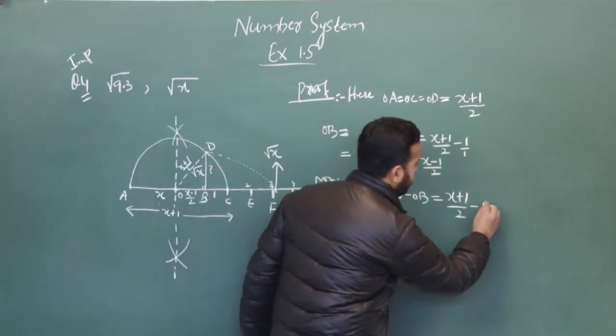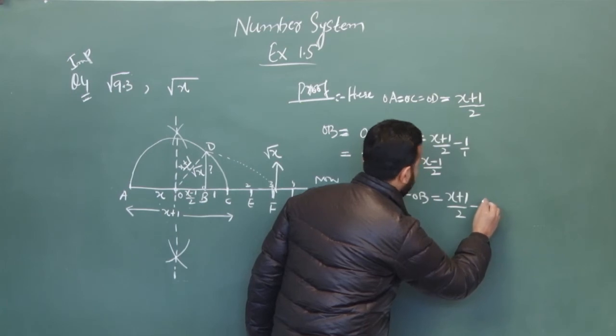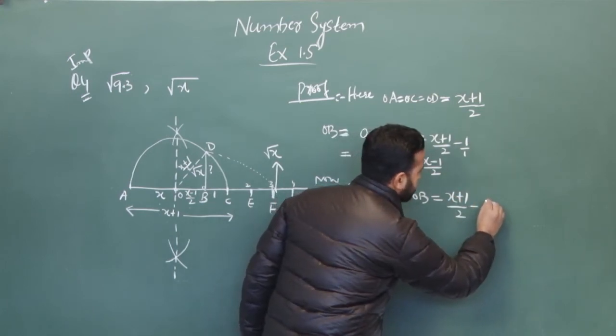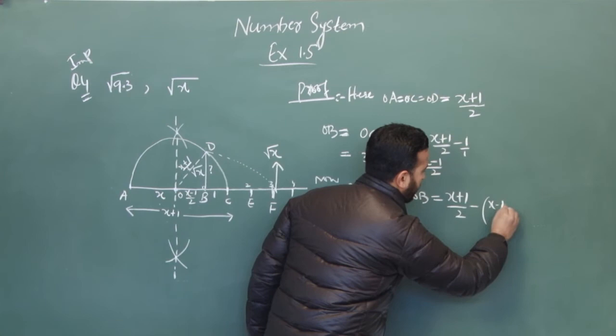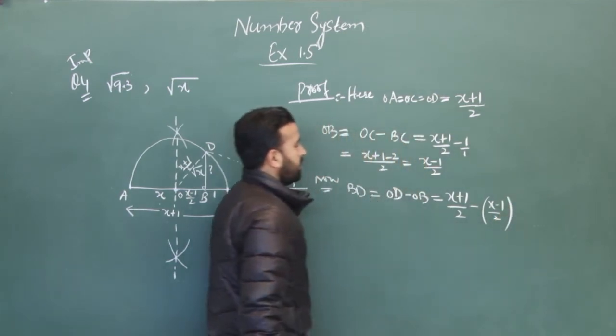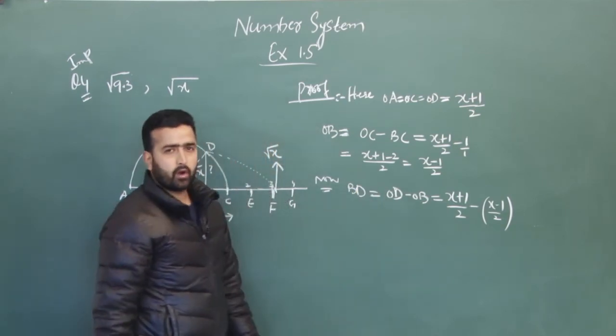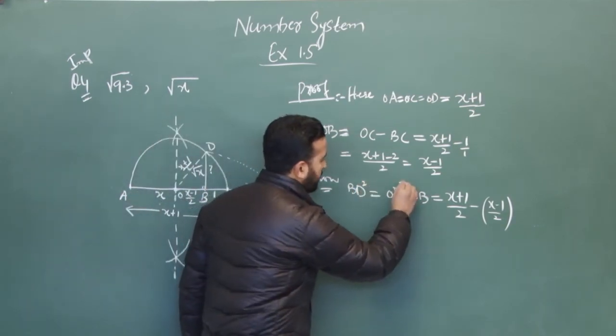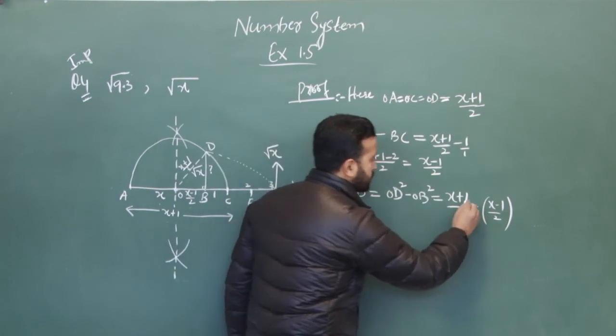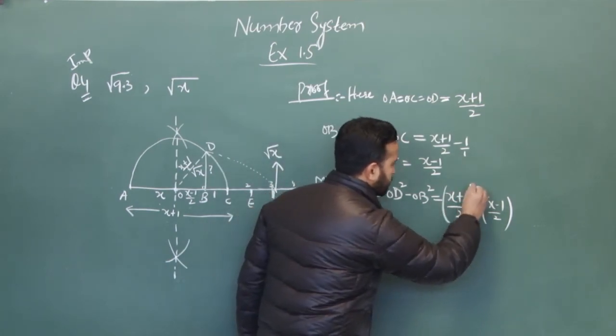And in case of the Pythagoras theorem, we take the square of the sides, that is BD square equals OD square minus OB square. So simply we have to use the square here also.